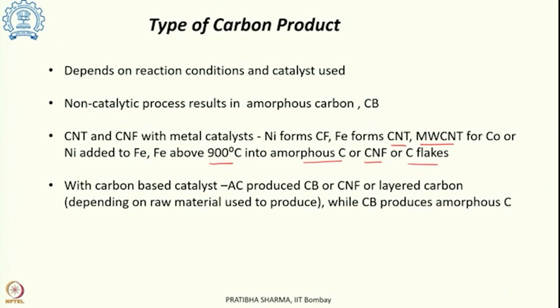With a carbon-based catalyst like activated carbon, it produces carbon black or carbon nanofiber or layered carbon, and that depends upon the source from which we have got the activated carbon, the raw material used to produce it. If carbon black is used as a catalyst, it produces amorphous carbon. So, depending on what catalyst is being used, the type of carbon product may vary.